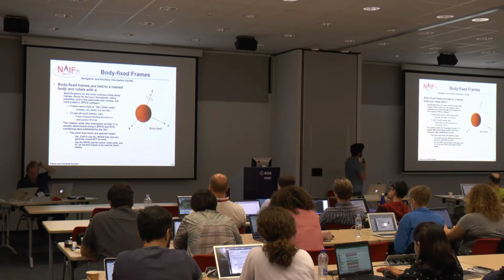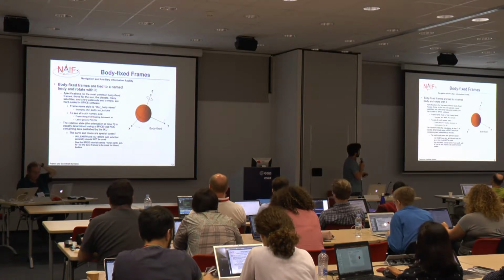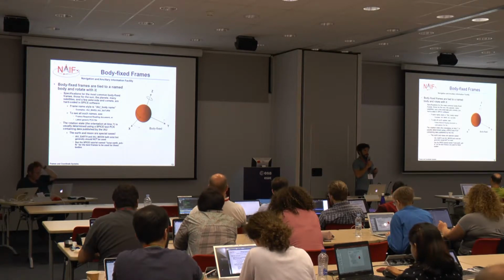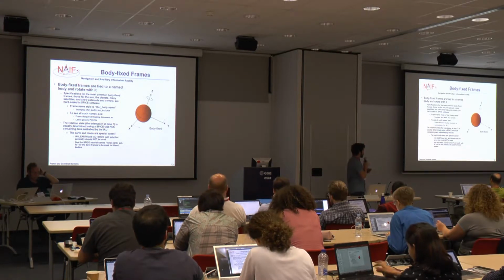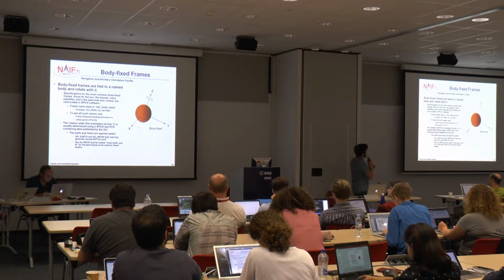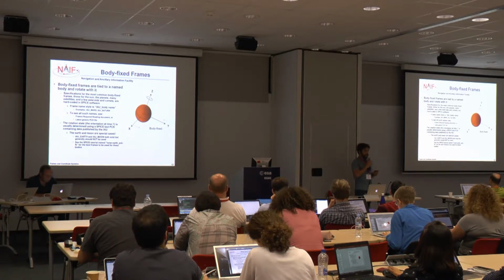This said, a note here, you also have to be careful, because maybe using the latest generic PCK file is not the solution that you're looking for, because maybe the data that you are analyzing is referring to an older version of the spin axis of Jupiter or whatsoever. So be careful with that.